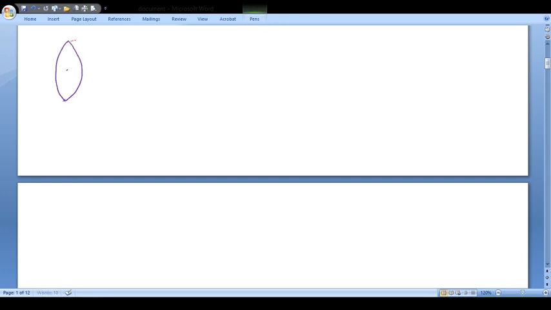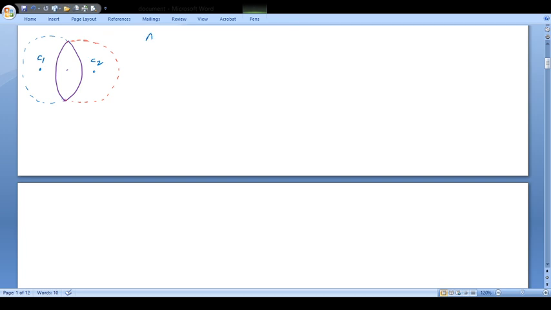This surface will be a part of a sphere, and similarly the other surface is also a part of a sphere. So here there will be two spheres, and two centers of curvature, C1 and C2.